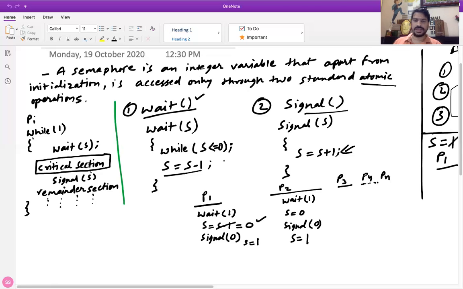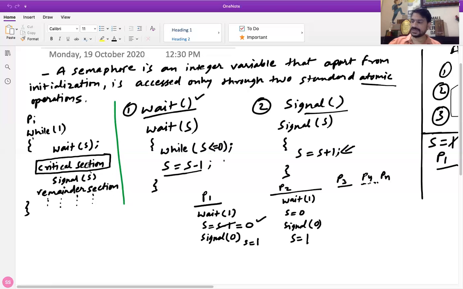Now, generally for the critical section problem, we initialize the value of s, the value of the semaphore, as 1. Because we want only one process to go into the critical section, that's why we use s value as 1.